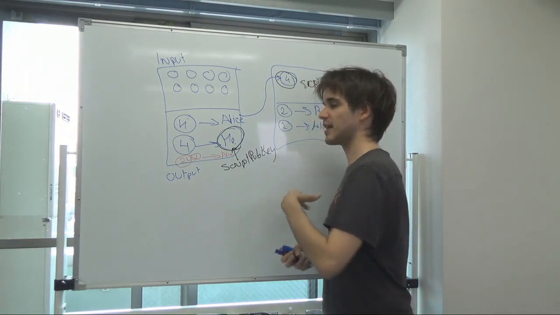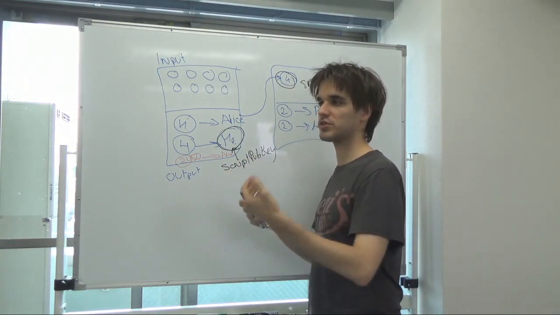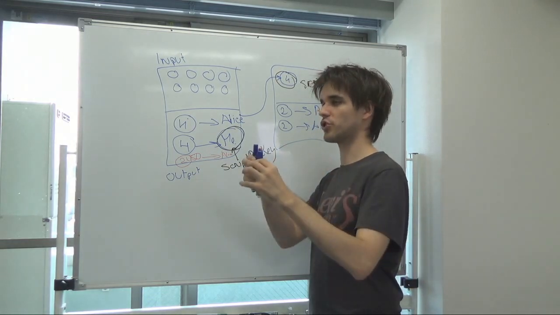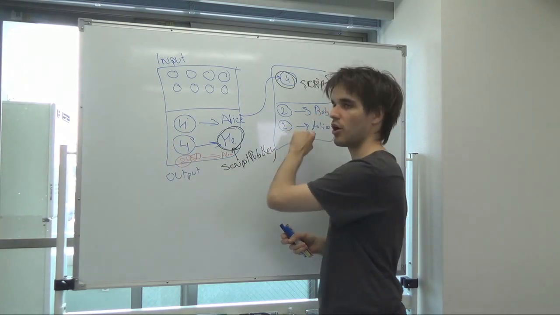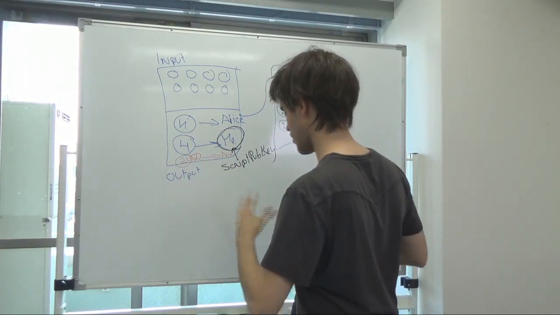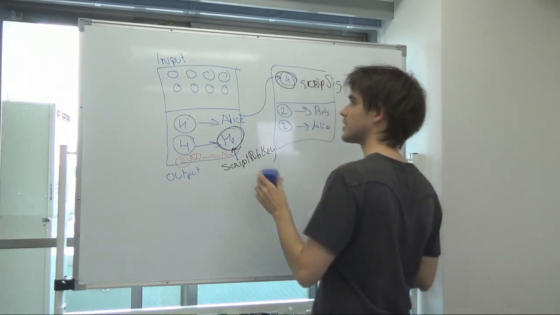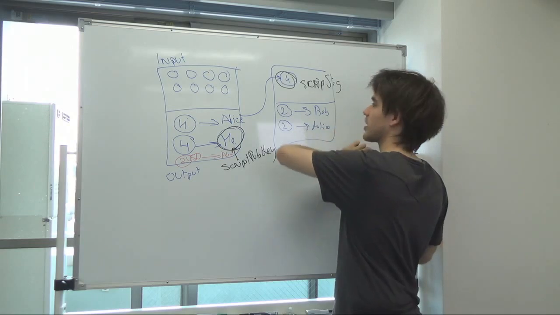Counterparty is another coin protocol, but you can't trade Bitcoin against another token, whereas in Open Asset, you can trade one USD against one Bitcoin if you want. So we'll see how that works. So this is good for that.